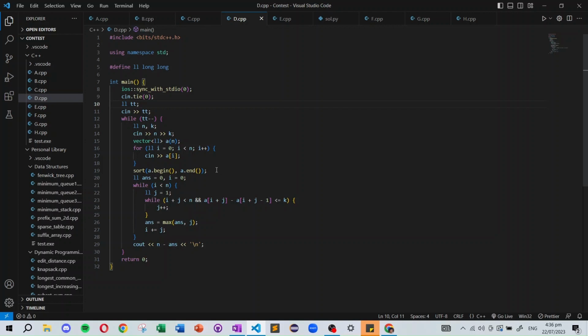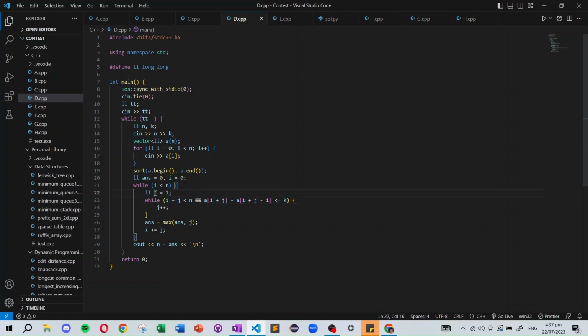So that's how I implemented it. I sorted the array A, and then I iterated from left to right, and in each iteration I will greedily take the next element as long as its difference from its previous is less than or equal to k and it's not out of bounds.